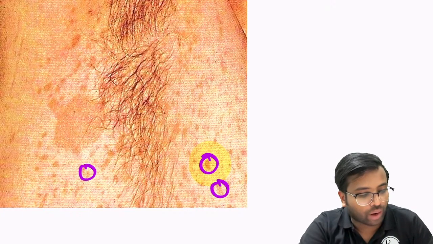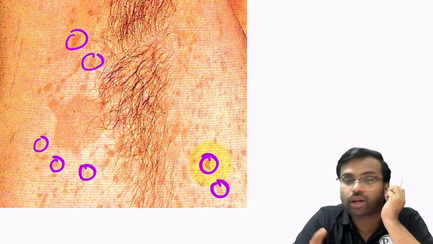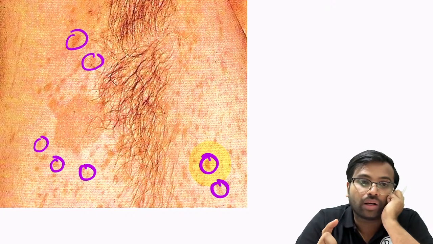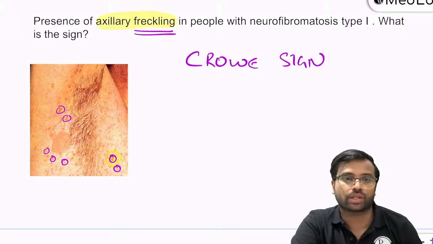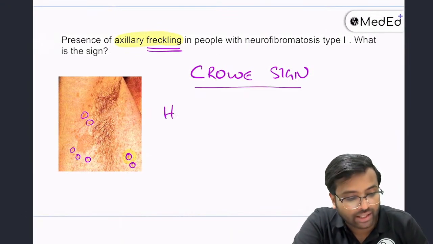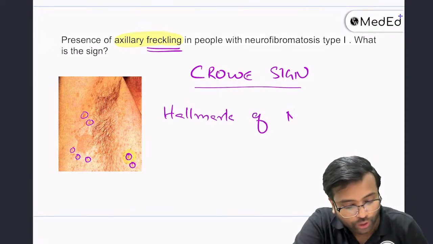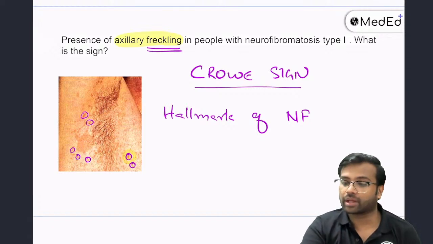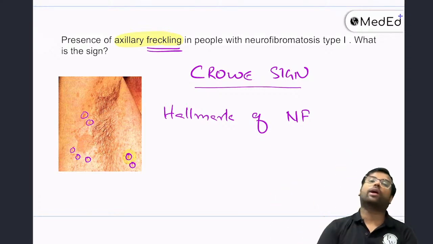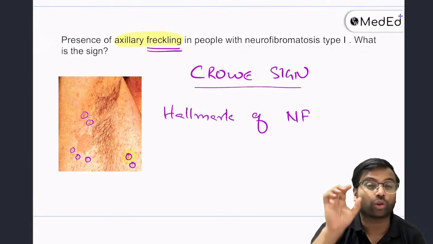These kind of brownish spots that you can see over the axilla are called axillary freckling, and this is seen in neurofibromatosis. And why is this sign very important for you? Because this sign is actually the hallmark of neurofibromatosis. That is why we call this sign by the name Crowe sign.